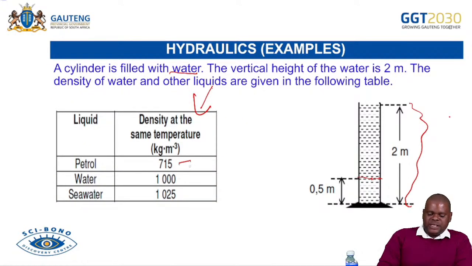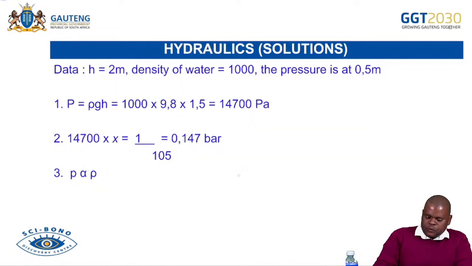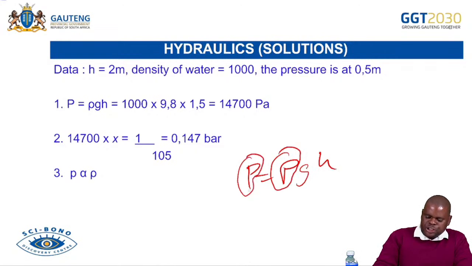You can see the one with the lower density is petrol, because when you're looking at the formula, P is equal to density times g times H. The density is directly proportional to the pressure. Are we together? When you increase the density, the pressure will increase. When you decrease the density, the pressure will decrease.